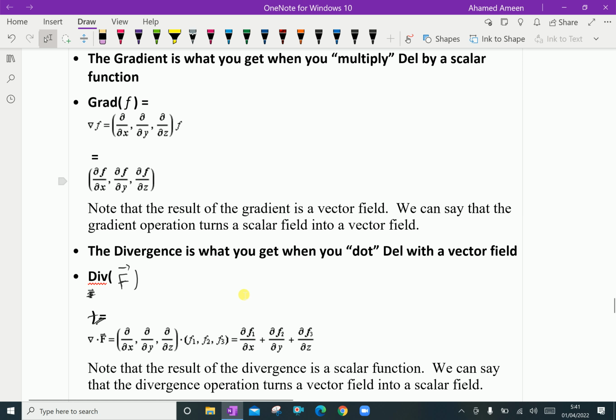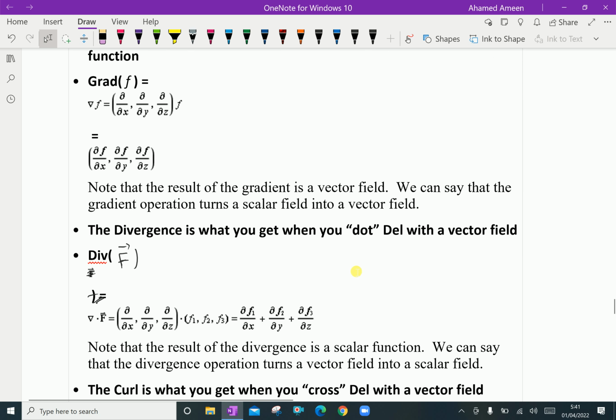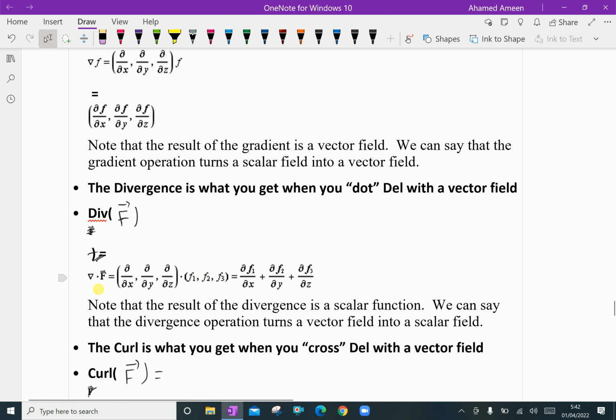The divergence is what you get when you dot delta with a vector field. That is, the divergence of the field f is equal to delta dot f vector, that is, (∂/∂x, ∂/∂y, ∂/∂z) dot (f1, f2, f3), which is equal to ∂f1/∂x plus ∂f2/∂y plus ∂f3/∂z.